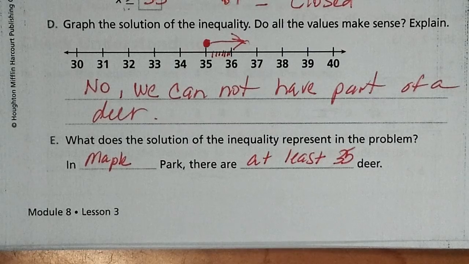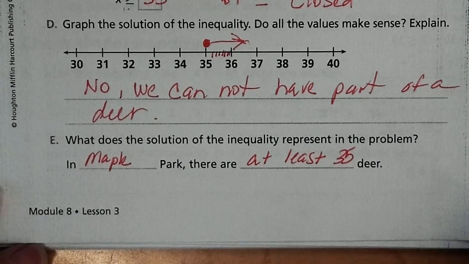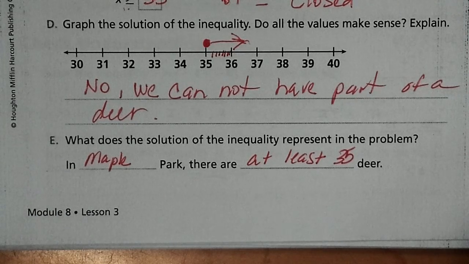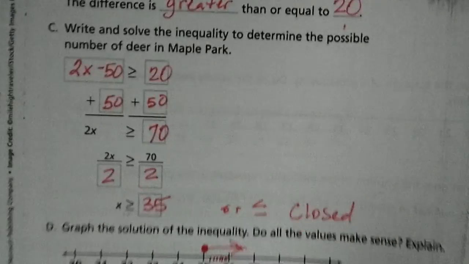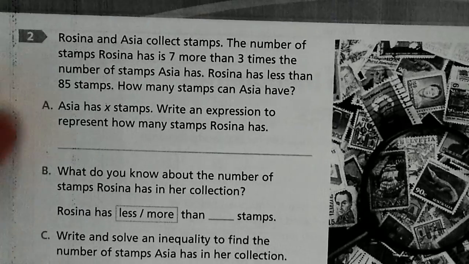That is correct. Live deer, not that. But in nature, you can have half of a deer. It's still going to be a deer though. Half of a deer is a deer? Okay, we're not going to sit here and debate about a carcass of a deer.